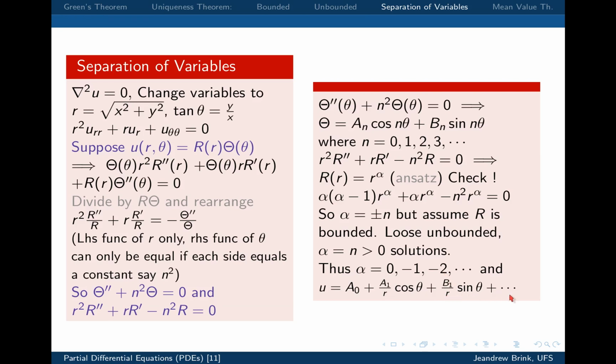You can write down the higher order terms, but we're going to evaluate this function as R goes to infinity, so those higher order terms are going to die off further.